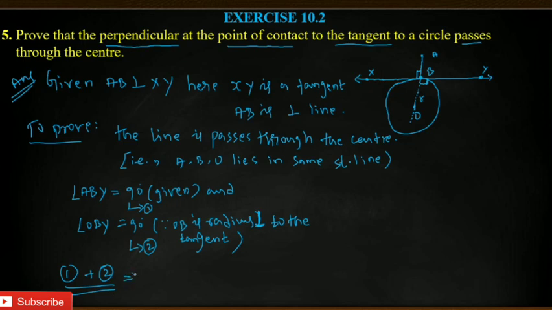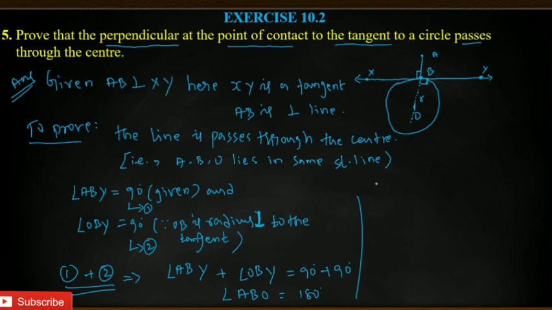So what are we getting? You see here ABY plus OBY is equal to 90 degrees plus 90 degrees. You see here ABY and OBY, this is one straight line. It will give ABO. So we can write here ABO is equal to 180 degrees. So what we got finally, ABO is 180 degrees now. It's a straight line.